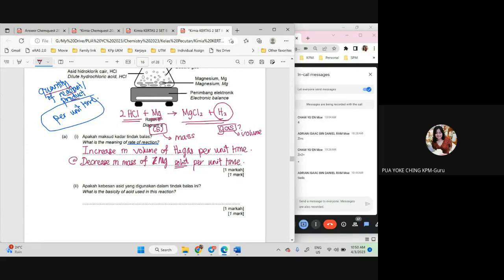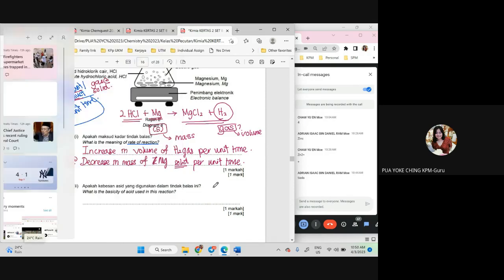Okay. So, rate yang pertama pergi cari kuantiti yang ada, is either reactant atau produk. Cari yang gas atau solid. Okay. So, gas is volume, then solid is your mass. So, that one is your rate of reaction.